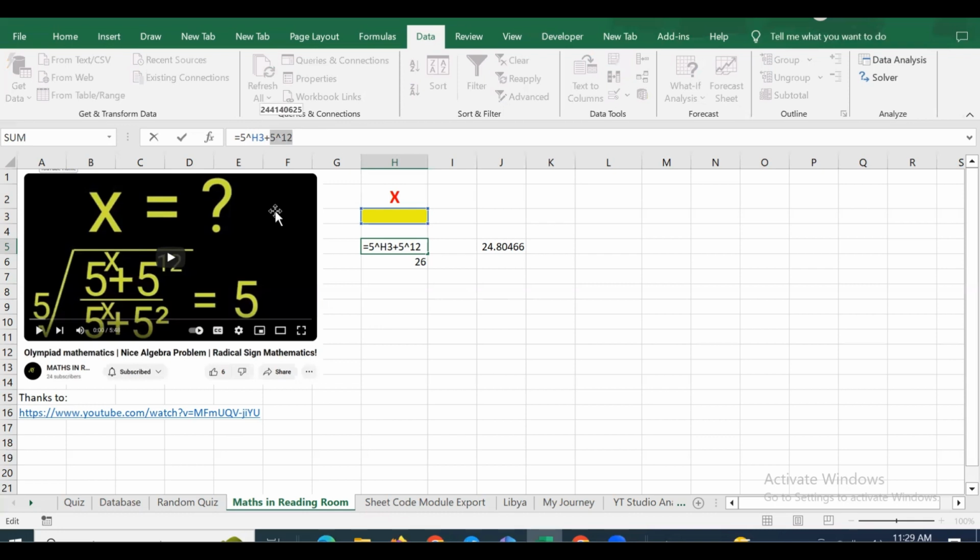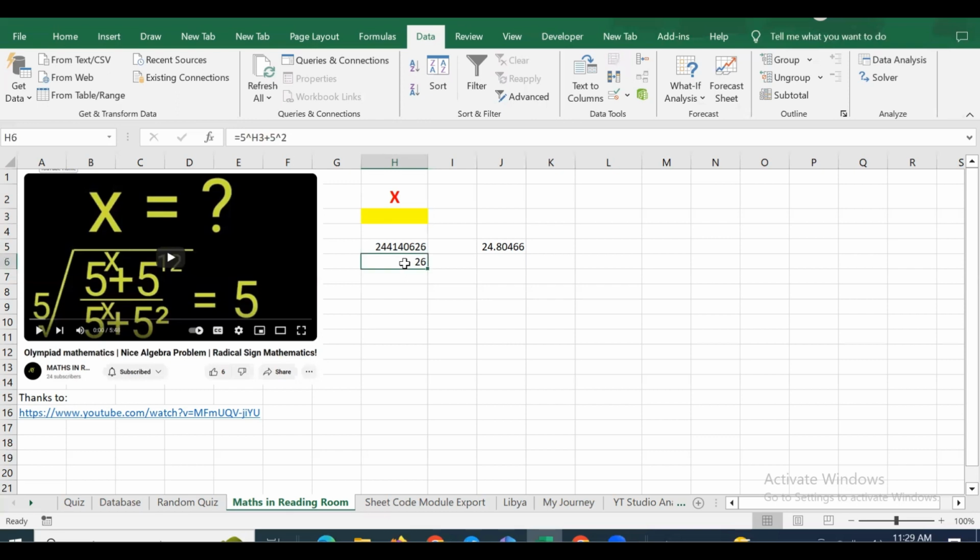So this segment is done and it is ready. For the x value, H3 is at the moment 0, so that's fine, no problem. The goal seek will be used to determine this value.